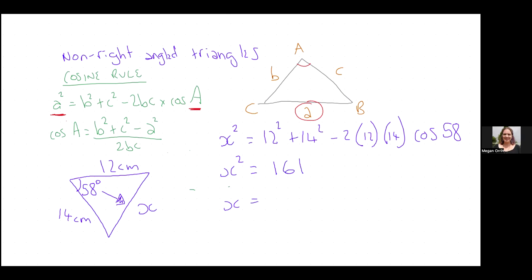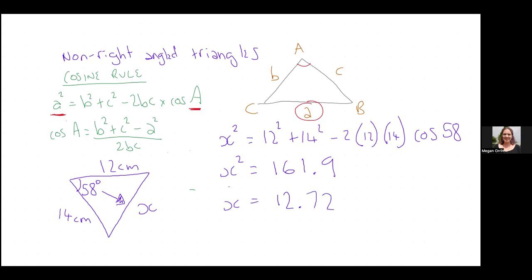162, I guess. Okay, well, don't round it, give me decimal points. So X squared is 161.9. And then what's this? Square root it. 12 point something. 12 point what? 72.